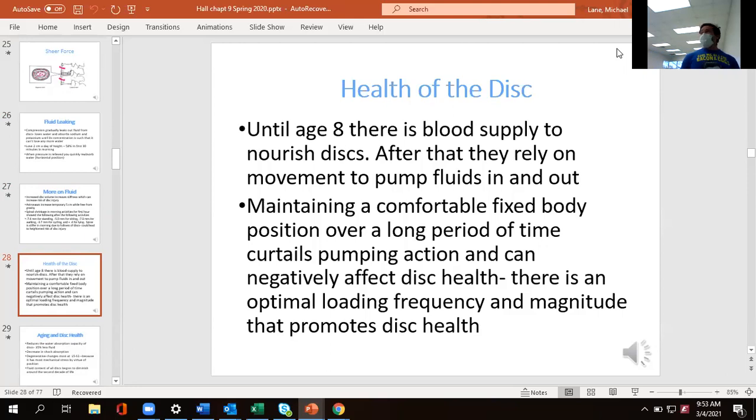And this is obviously a major catch-22 because if you hurt your back, how much do you guys really want to move your back after that? Bingo.